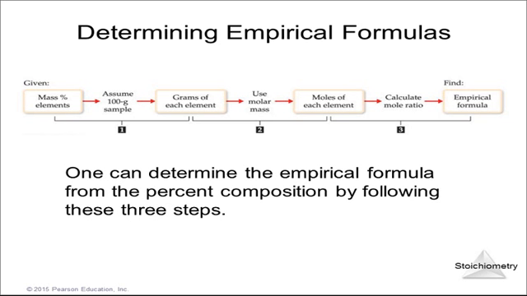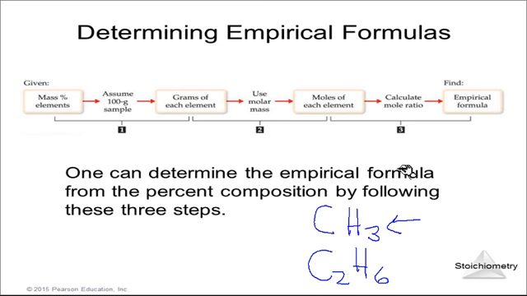For example, if my molecule is C2H6, both 2 and 6 can be further simplified, so I would actually have CH3 as my empirical formula. It's the most reduced form of my ratios between my atoms.